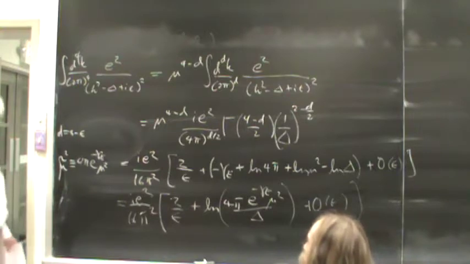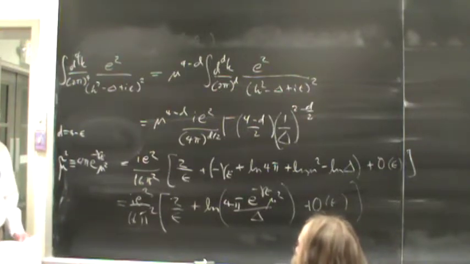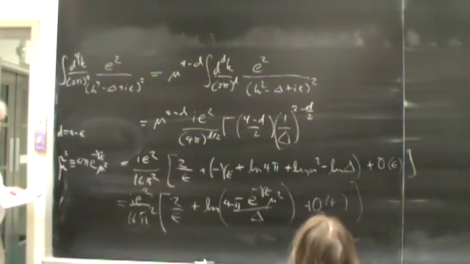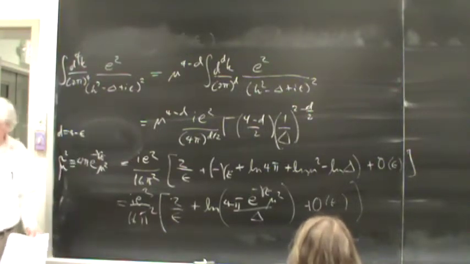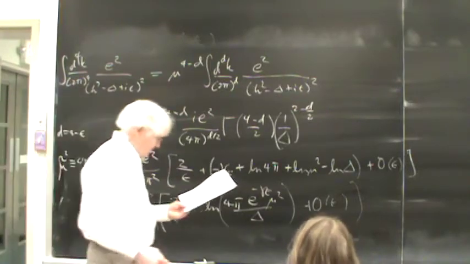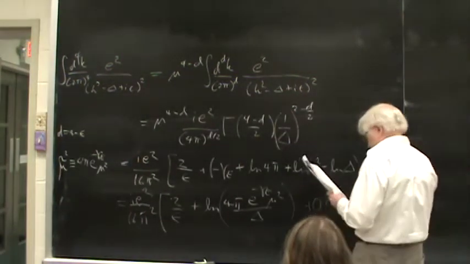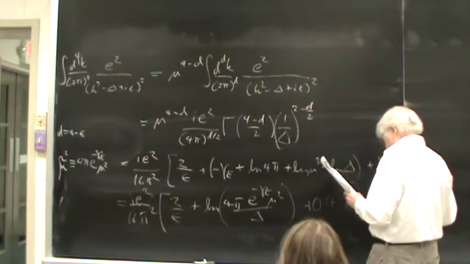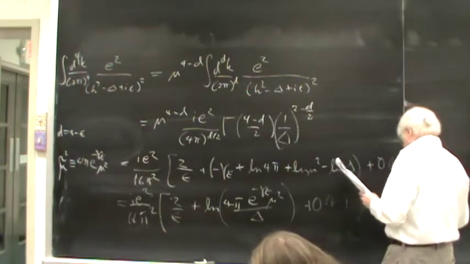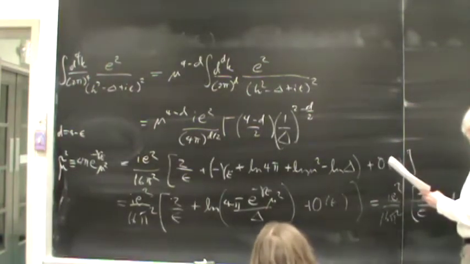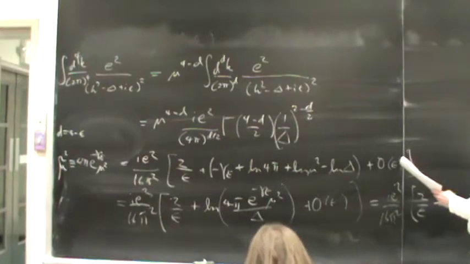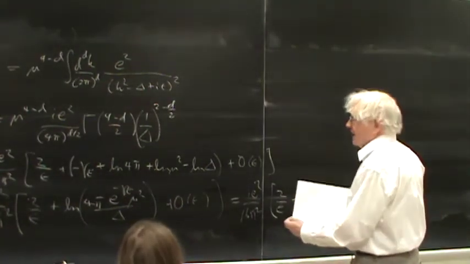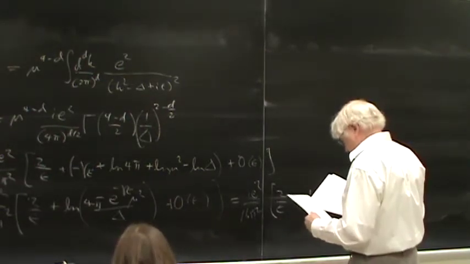The people who do renormalization for a living don't want to write things like this all the time, so they introduce an abbreviation. So at that point, this thing turns out to be I e squared over 16 pi squared 2 over epsilon plus log mu tilde squared over delta plus order epsilon. All right, so that was that integral that was divergent.